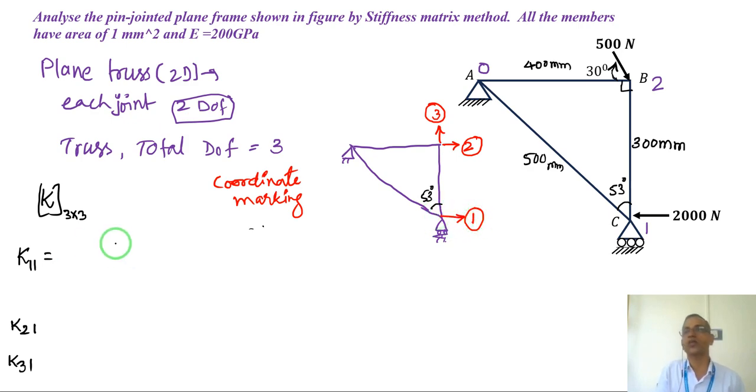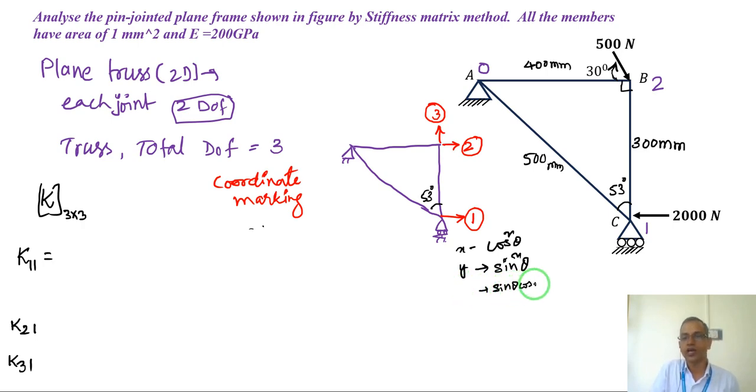And in the previous class we also learned that in the same direction we have cos square theta in the x direction, and in the y direction we have sine square theta, right? If the coordinates have perpendicular directions, then we have sine theta cos theta.